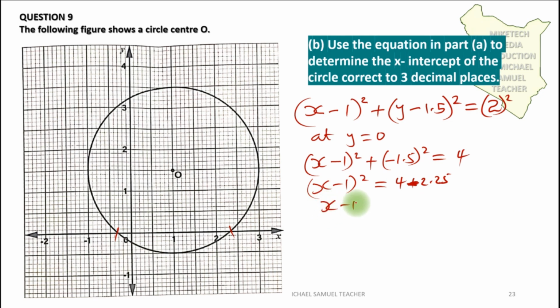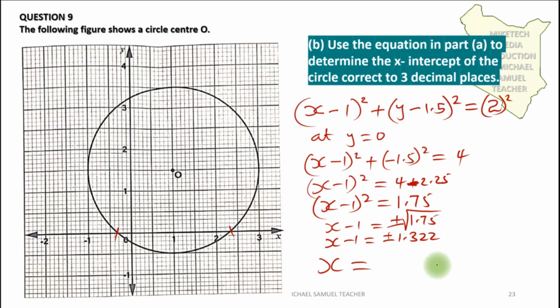Therefore x minus 1 squared is equal to 1.75. Therefore we need to get the square root on both sides, and therefore this will be plus or minus the square root of 1.75. So x minus 1 is equal to plus or minus 1.322.